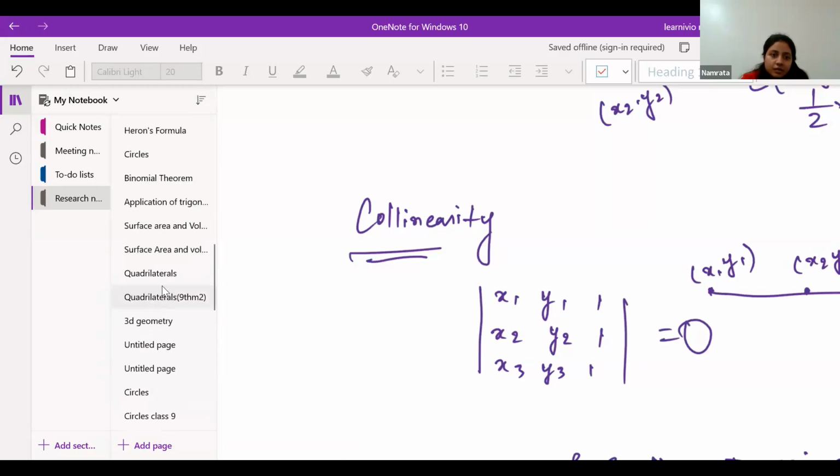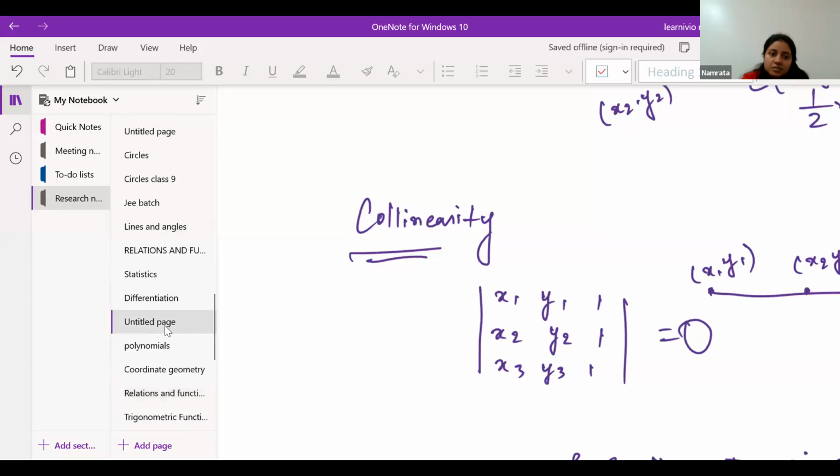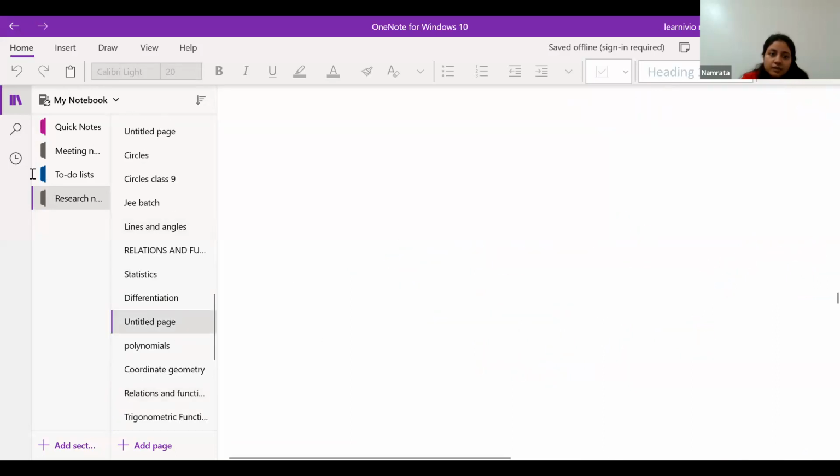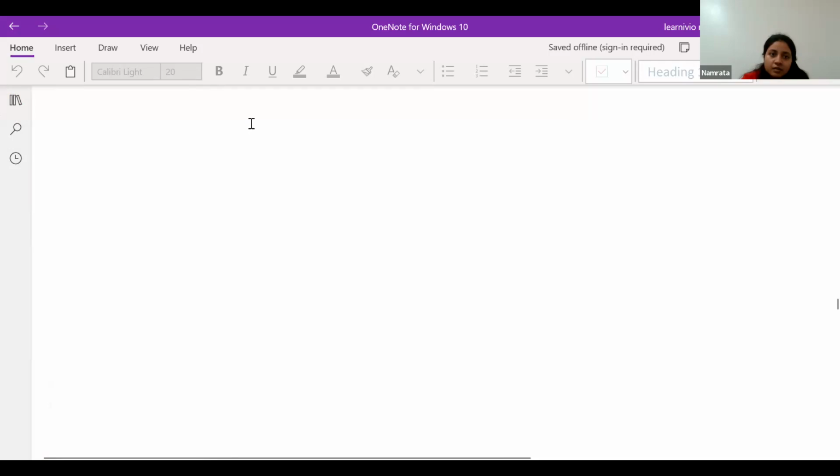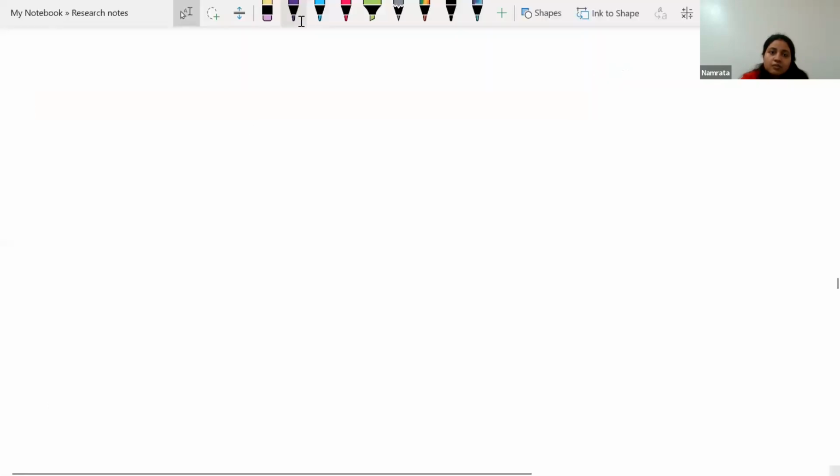Yes, ma'am, like y2 minus y1 by x2 minus x1. Can't we apply the distance formula for it, ma'am? No, we can't say that with the distance formula if 3 points are collinear.